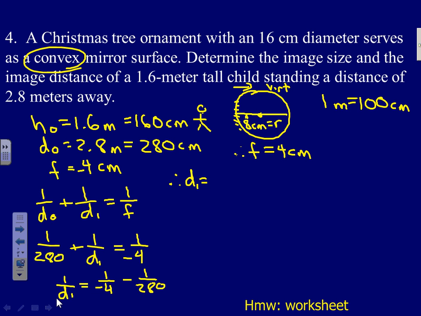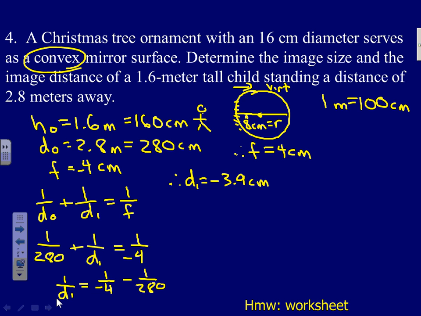So now you're doing negative 4 inverse minus 280 inverse. And you should get a negative answer, which puts it behind the mirror. That's what we needed. Negative 3.9 centimeters.